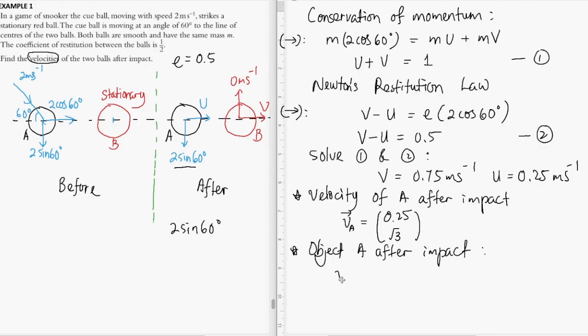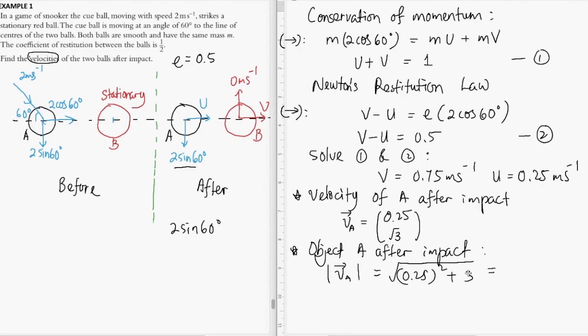The speed of object A after collision is basically the magnitude of the vector itself. That will be the square root of 0.25 squared plus root 3 squared.